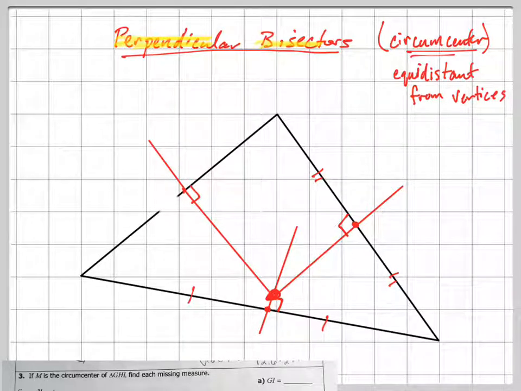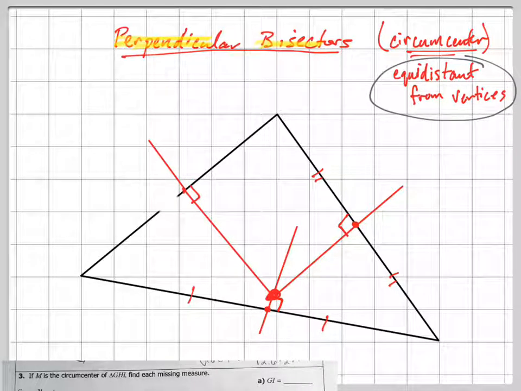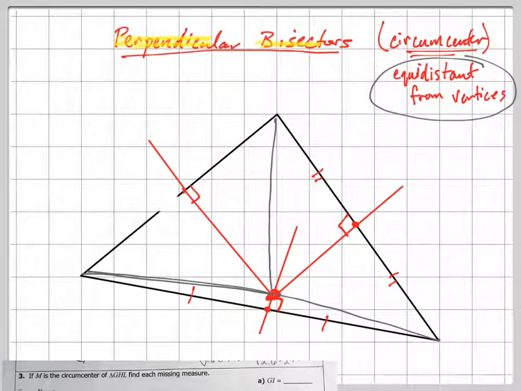And not only that, but look at this little extra property here. The circumcenter is equidistant from all three of the vertices, meaning the distance between the vertex, that distance, and that distance, and that distance are all the same.